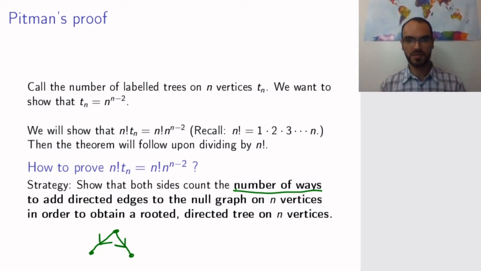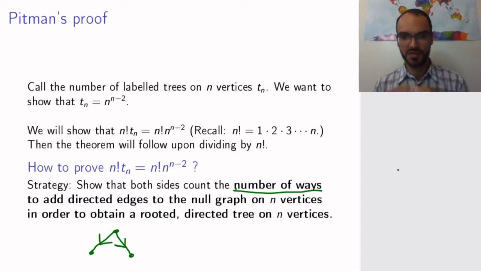Before we start with the proof, a couple of remarks. First of all, these directed trees have nothing to do with Cayley's theorem. It just so happens that these two numbers we're looking at are ways to count these things in two different ways, and we can use that because these numbers are related to the numbers we are interested in.